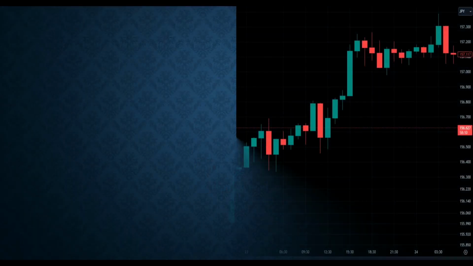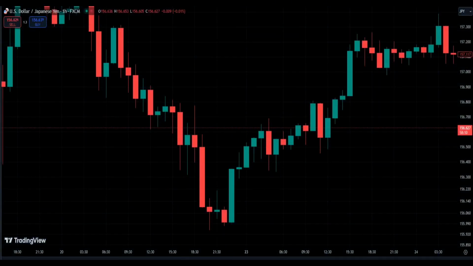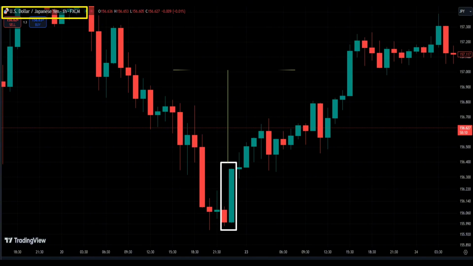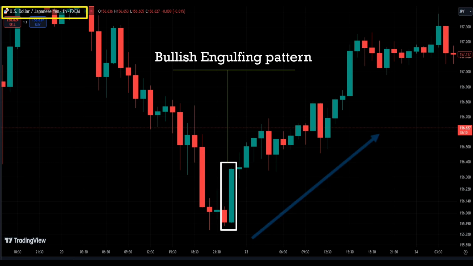I have pulled up a chart of USD/JPY on a 1 hour time frame, and I found a bullish engulfing pattern. There is a downtrend followed by a large green candlestick that engulfs a smaller red one, signaling a potential reversal to an uptrend.